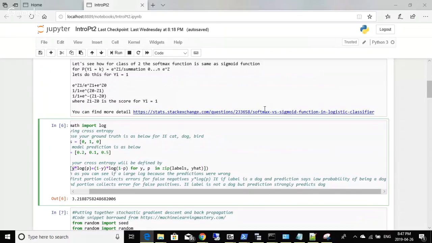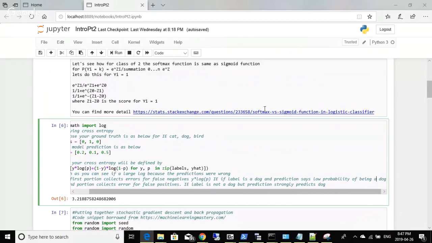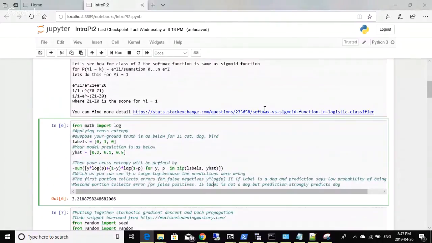This part will collect false negatives, so it wasn't negative, but it believes that it was negative.